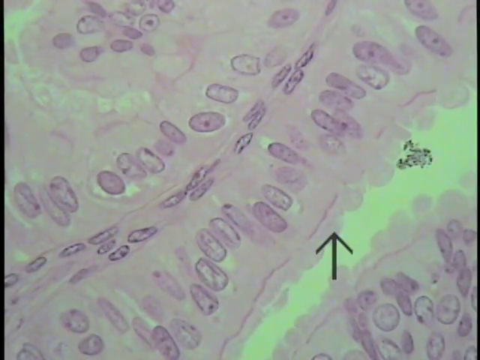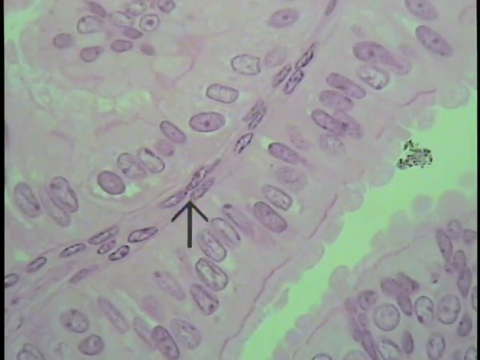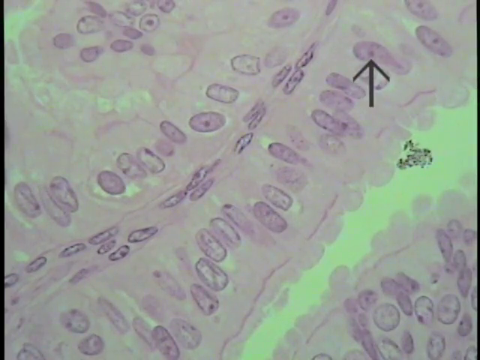The epithelial surface extends. The apex is located about the region of the arrow, and it extends to where the arrow indicates here, near the basement membrane. So this is a simple columnar epithelium, the nuclear profiles residing as indicated by the arrow.